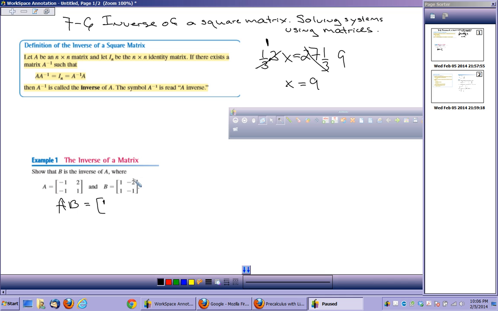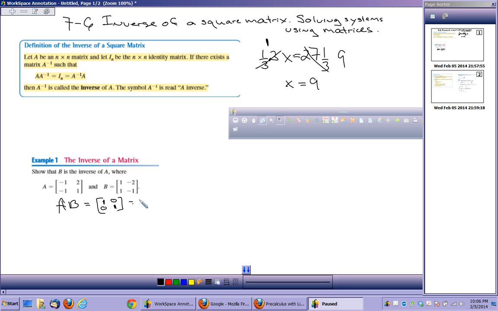Now I'll take the first row times the second column. -1 times 2 gives you +2, and 2 times -1 gives you -2, and +2 plus -2 gives me 0. Then the second row by the first column: -1 times 1 is -1, and 1 times 1 is 1, and -1 plus 1 makes 0. And the second row times the second column gives 1.